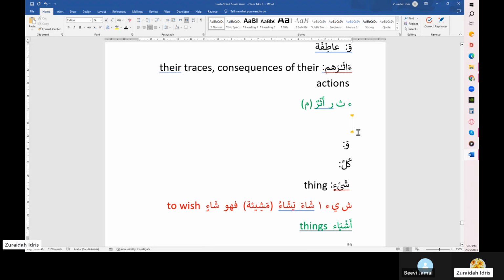But if it was not ma'tuf, if it was by itself, what sort of structure or fragment are we looking at? It's a mudaf ilayh. And hum is fi mahali jar, right? So this is ma'tuf to the ma.